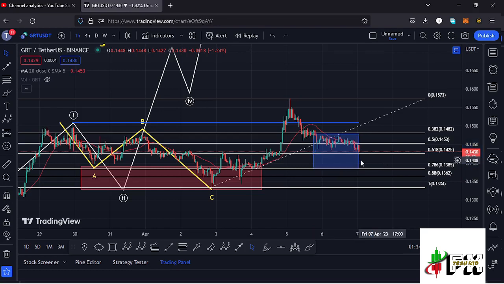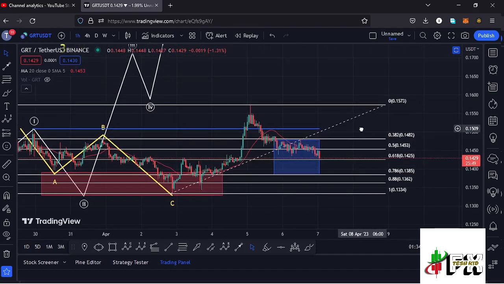And as long as we are holding within this blue target area, the trend is still up.